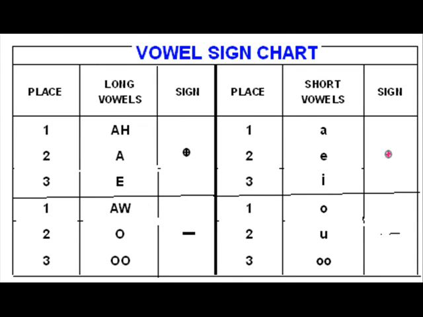The long vowel sounds A, E are provided with a thick dot. You know, in our system, the heavy sound is represented by a thick stroke. Similarly, these long vowel sounds are considered to be heavy. So, the long vowel sounds A, E are represented by a heavy dot or thick dot.